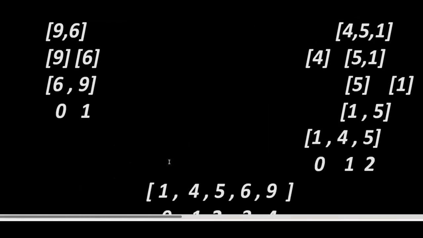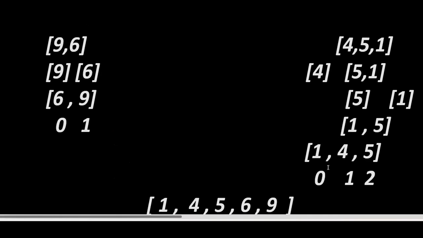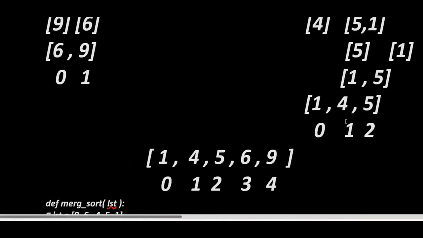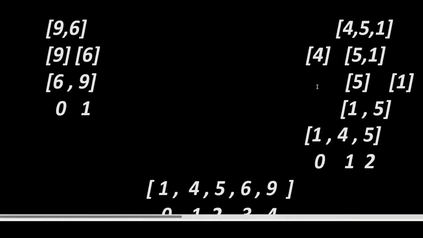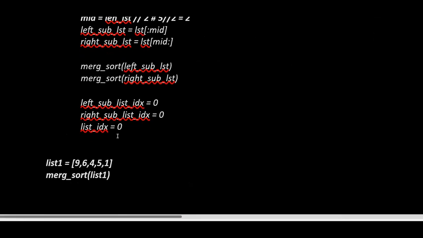Now what I'm doing is checking the 0th index of the left list index. Based on my index, I'm picking the element from the left sublist and right sublist and comparing those two. Let me pick my left list element right now.